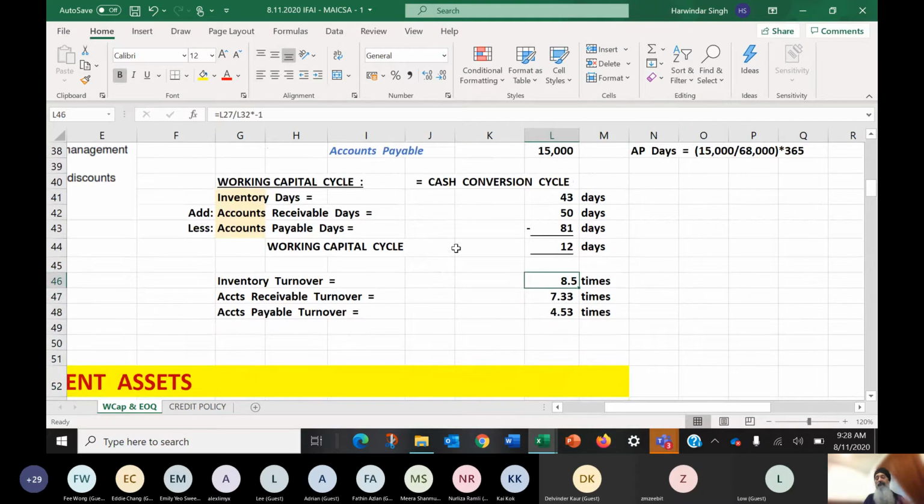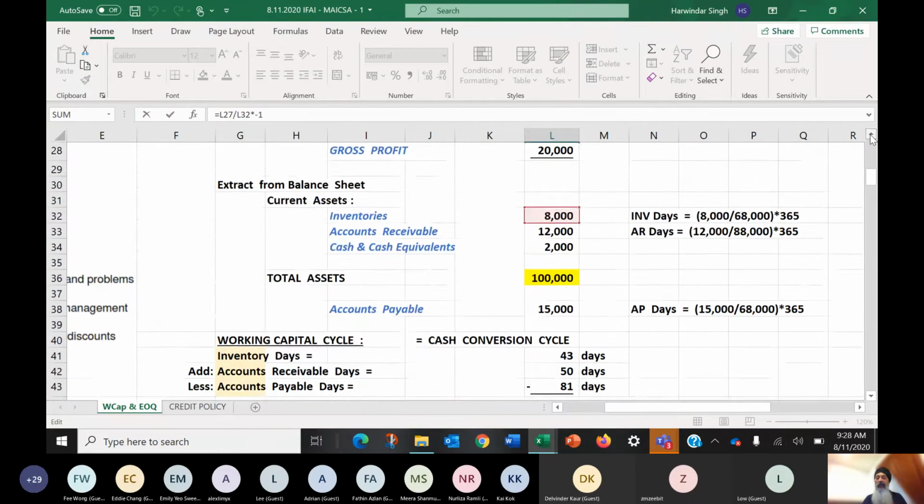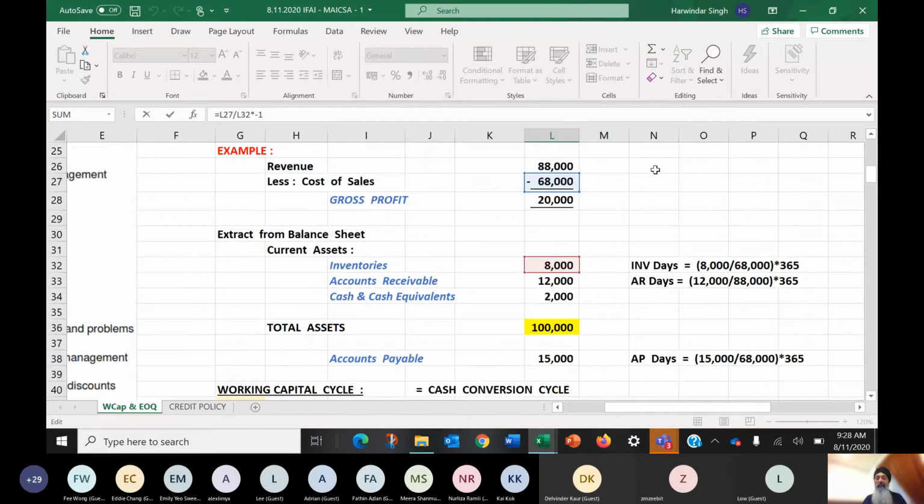Okay, examiners, like I said just now, sometimes might ask you to do the same ratios as a turnover ratio. So inventory turnover is simply the other way around, like we said just now. Instead of taking inventory over cost of sales, I have now taken cost of sales over inventories. 68 over 8. This is L27 divided by L32.